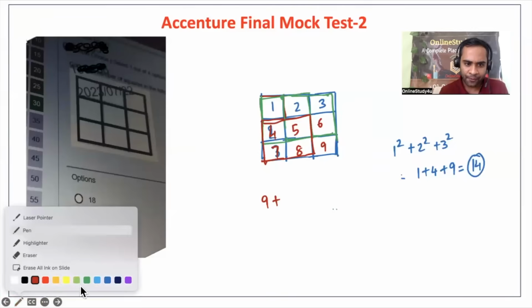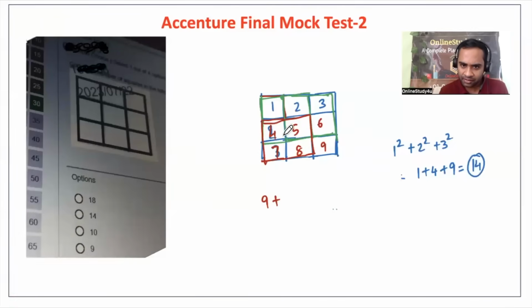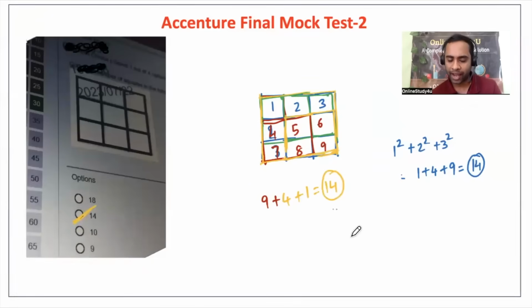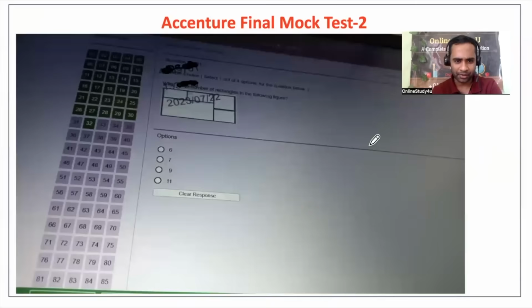And again from this point, if we analyze, we have one more box. So total we have 4 here, and 1 is the bigger box which we are talking about. So 9 plus 4 plus 1 is nothing but 14. So you will be easily able to solve it. Either you can use the formula which I told you, or you can analyze and then write it.